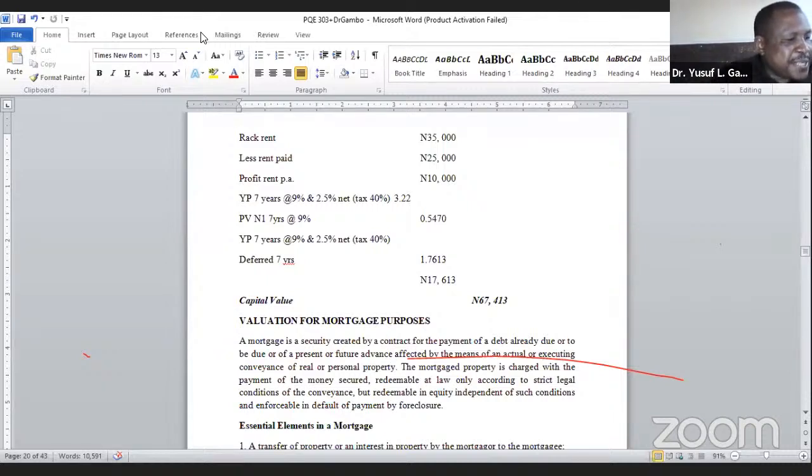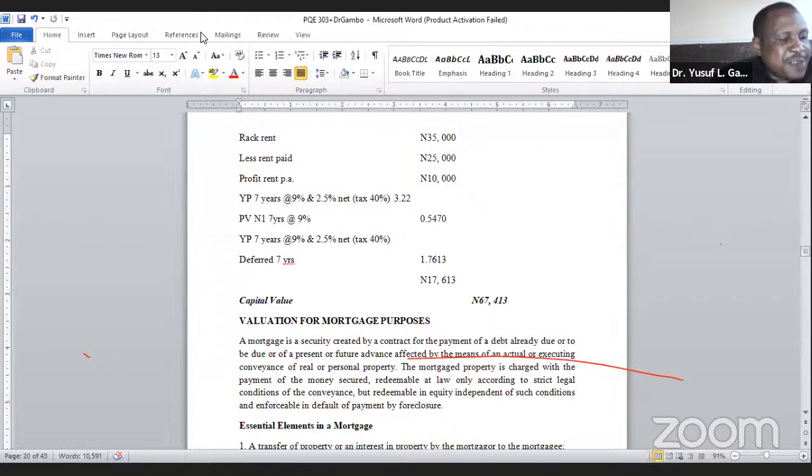So first 7 years, rack rent is 35,000 naira, less rent paid 20,000 naira. Profit rent is 15,000 naira. So YP 7 years, appropriate YP is 3.32.